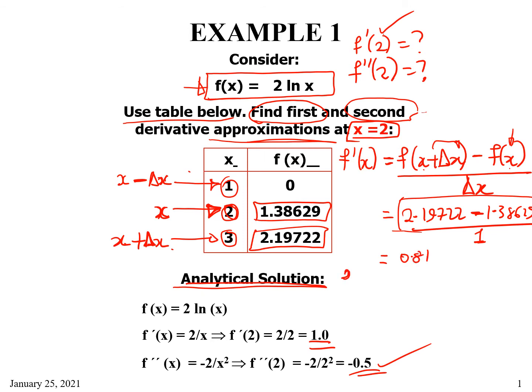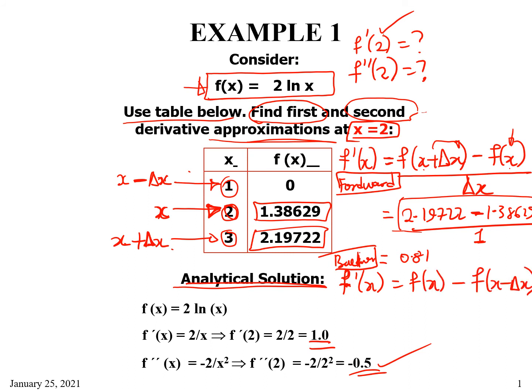Then the next one is backward. So that was the first order forward difference. We'll do the same thing now for backward. So what's the equation for backward? We derived this before two ways, graphically and from Taylor series, as a backward difference.